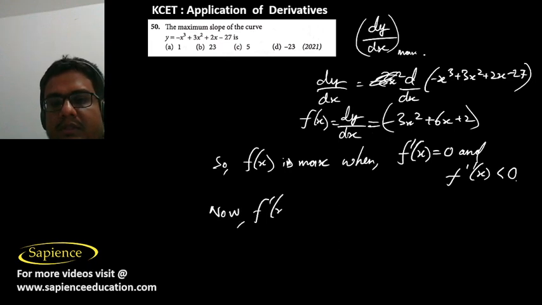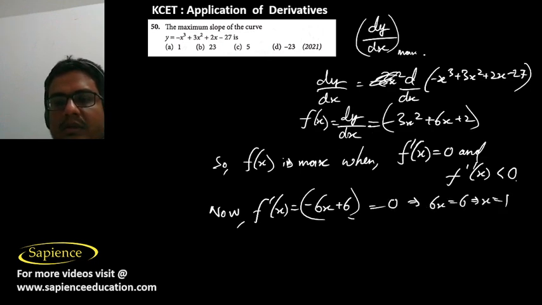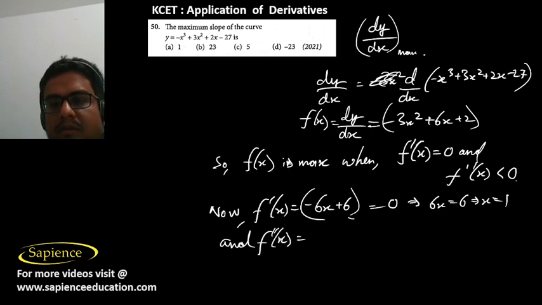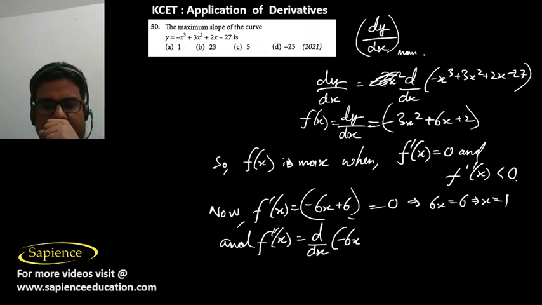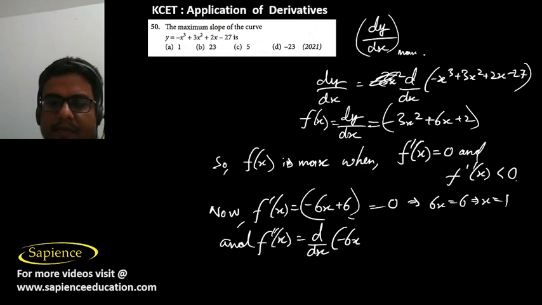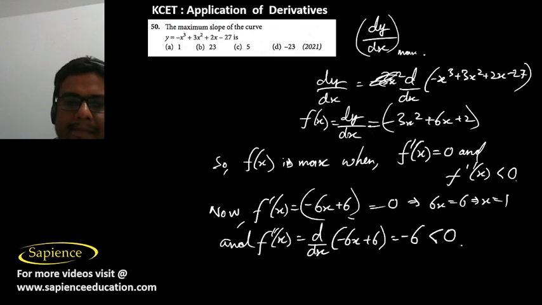when f dash x is equal to 0 and f double dash x is less than 0. F dash x, that is minus 6x plus 6, should be equal to 0. So x should be 1, and f double dash x, that is d by dx of minus 6x plus 6, is minus 6, which is less than 0.